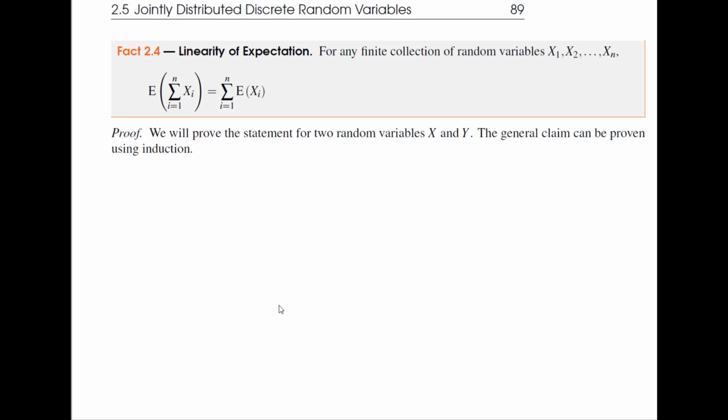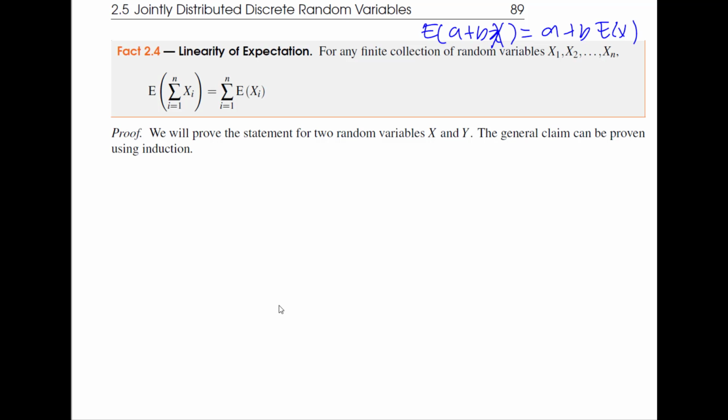Now we've discussed the concept of the expectation being linear in the context of one random variable. Remember we said E of a plus bX, capital X, is a plus b times the expected value of X. In that sense, we say that it's a linear operator.